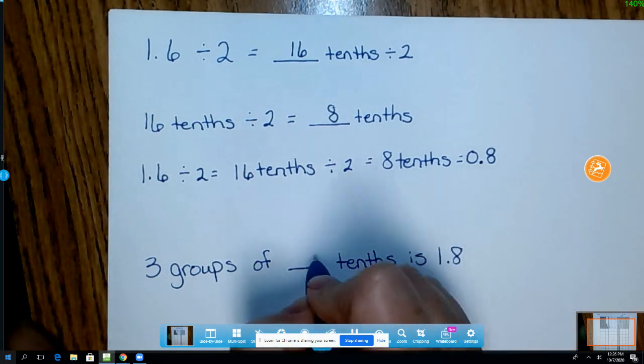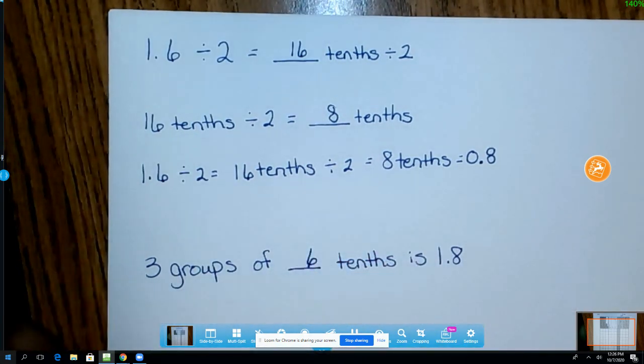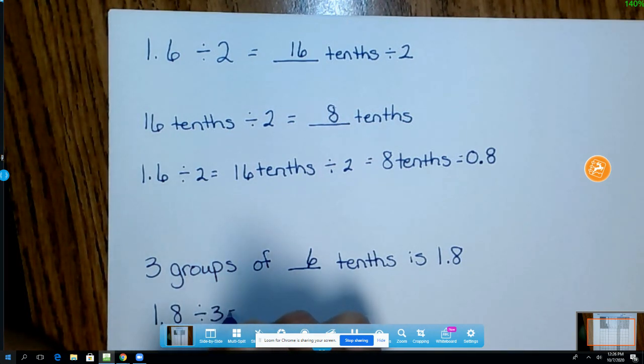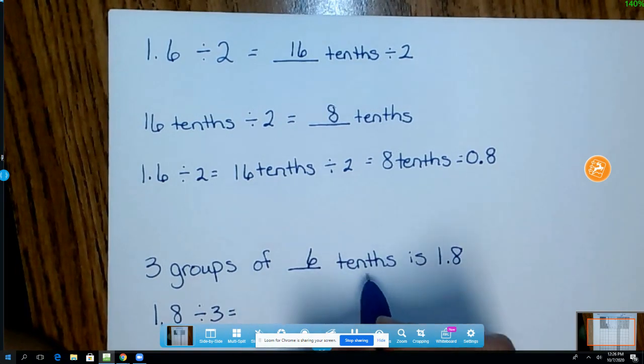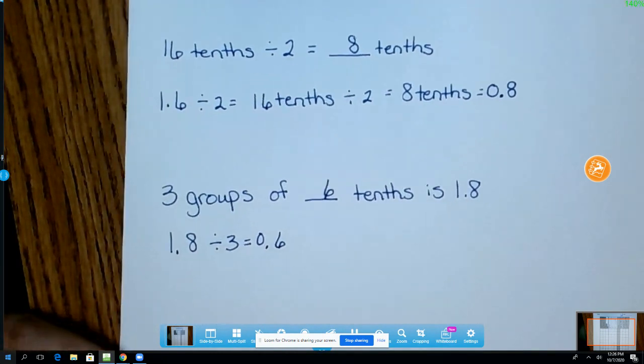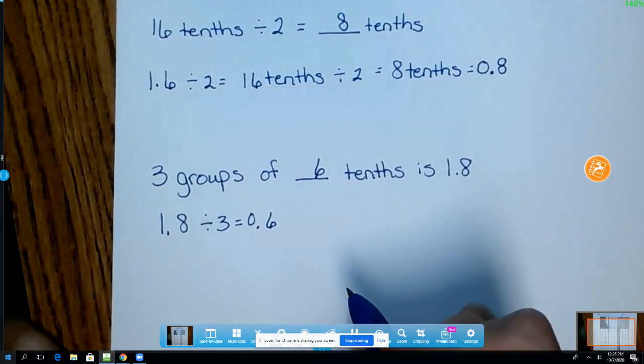That's right, it is 6. I know that 1 8/10 divided by 3 equals 6/10. And I'm going to write that in standard form. I hope that helps.